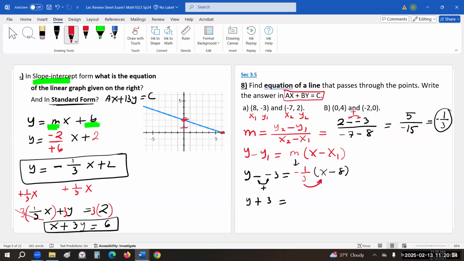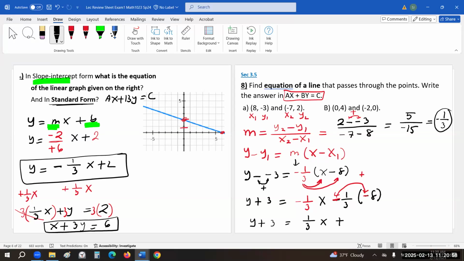Negative 1/3 times x gives us negative 1/3 x. Negative 1/3 times negative 8, negative and negative turn into positive. So y plus 3 equals negative 1/3 x plus.